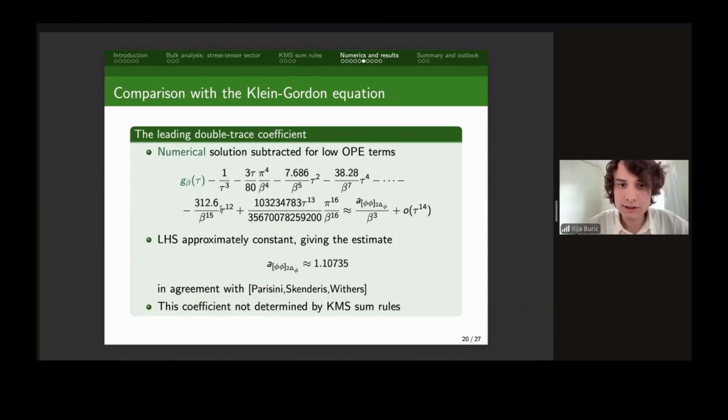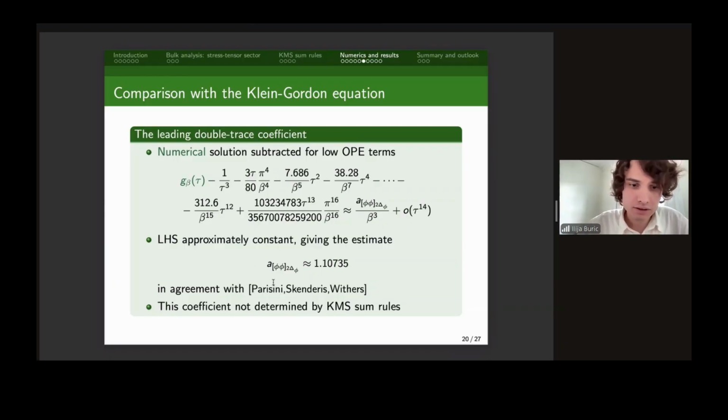So when you plot the left-hand side, you should find approximately a constant function, and the value of the constant should be this coefficient. And indeed, when you plot, you get something that looks very much like a constant, and the number that you get is this, which is in good agreement with the result of this paper. Not too surprising because it's essentially the same method.